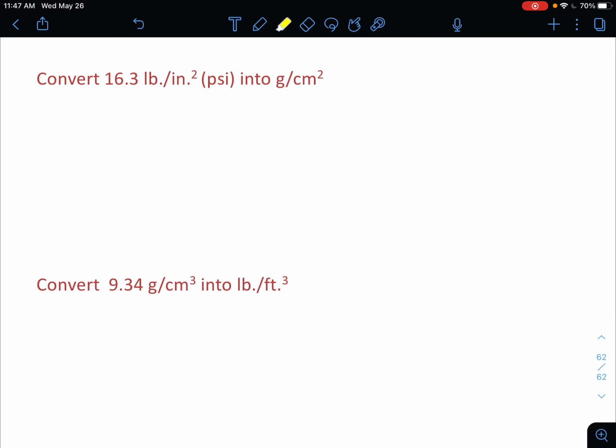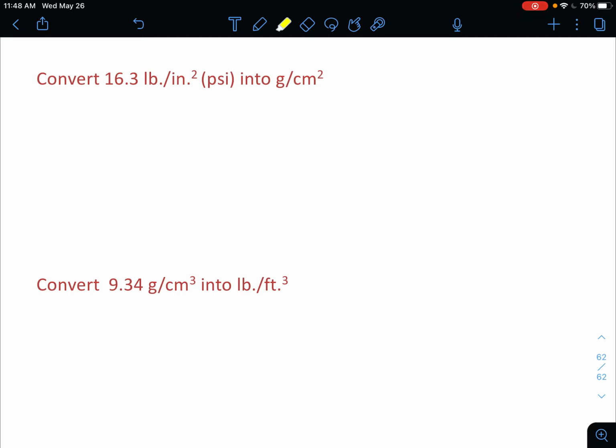The second one has density units, but these are both compound units in which one of the units is squared or cubed, and we're trying to do a conversion. So here's the important thing: in the steps where I'm just doing a first power unit conversion, I do everything like we had been doing before. But if the step involves a squared or cubed unit conversion, then I need to account for that.